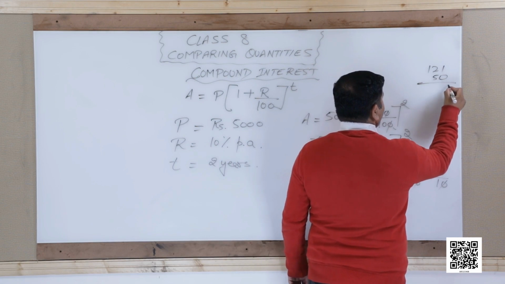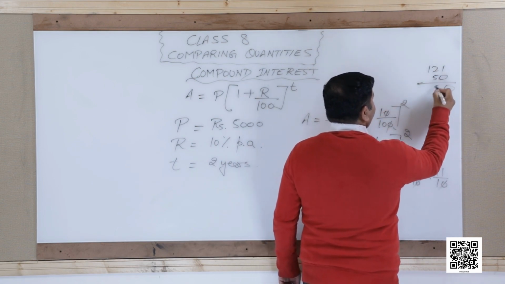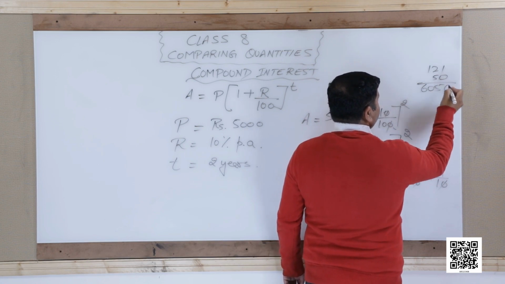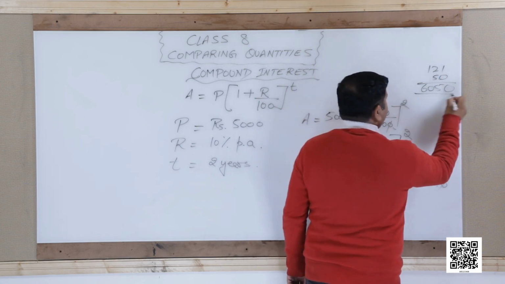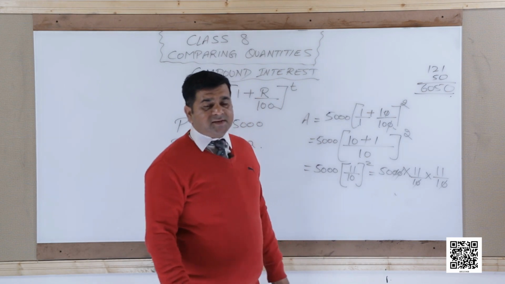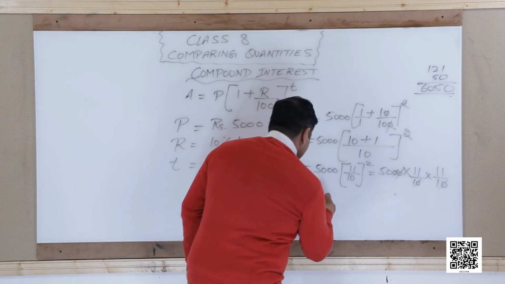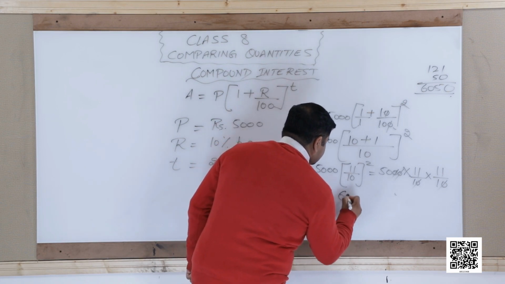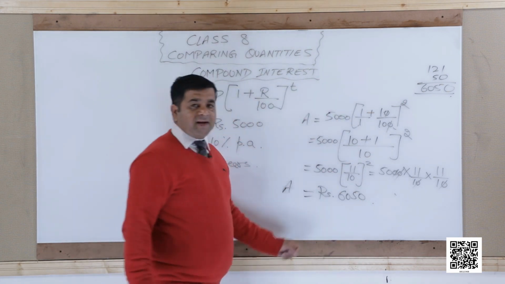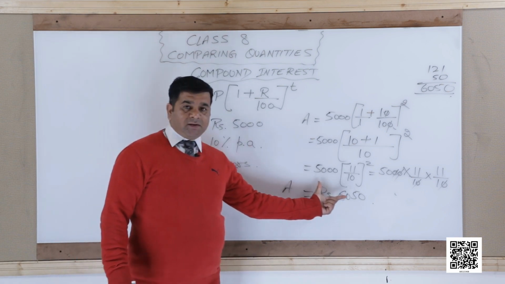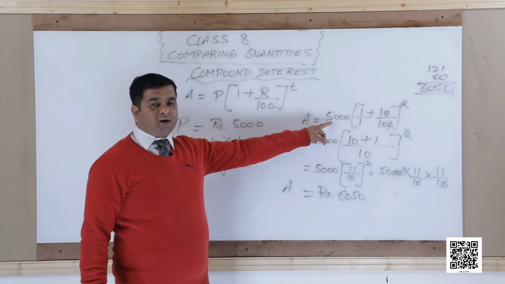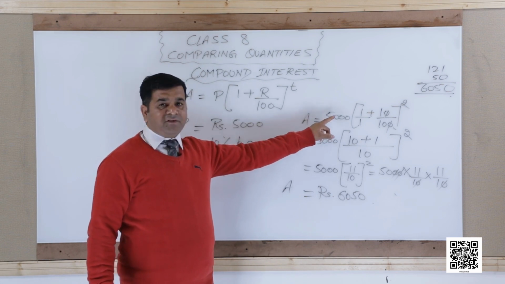First we multiplied with 5. 5 times 1 is 5. 5 times 12 is 60. So 0 was here, we put the 0 at the end, and we got the product, that is 6050. So that means the amount is rupees 6050. That is, the person will get rupees 6050 after 2 years for an initial deposit of rupees 5,000.